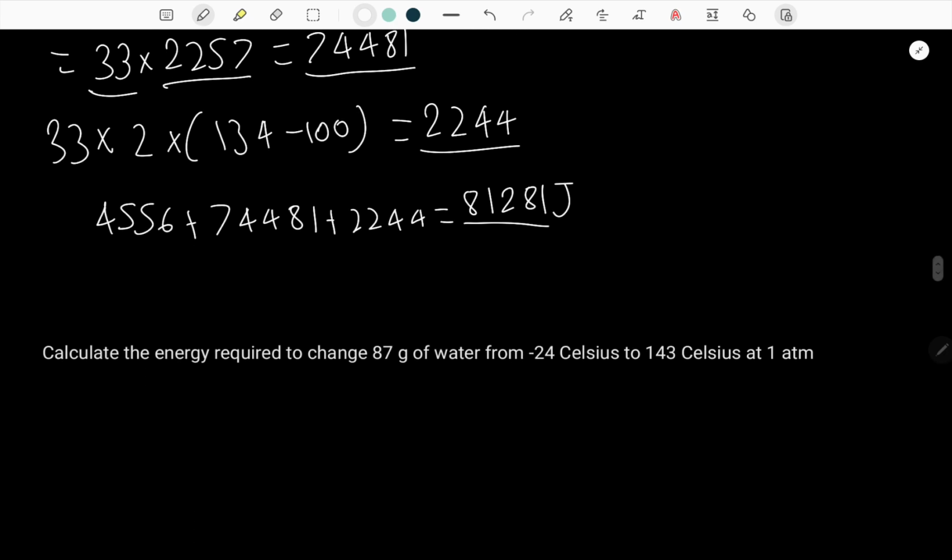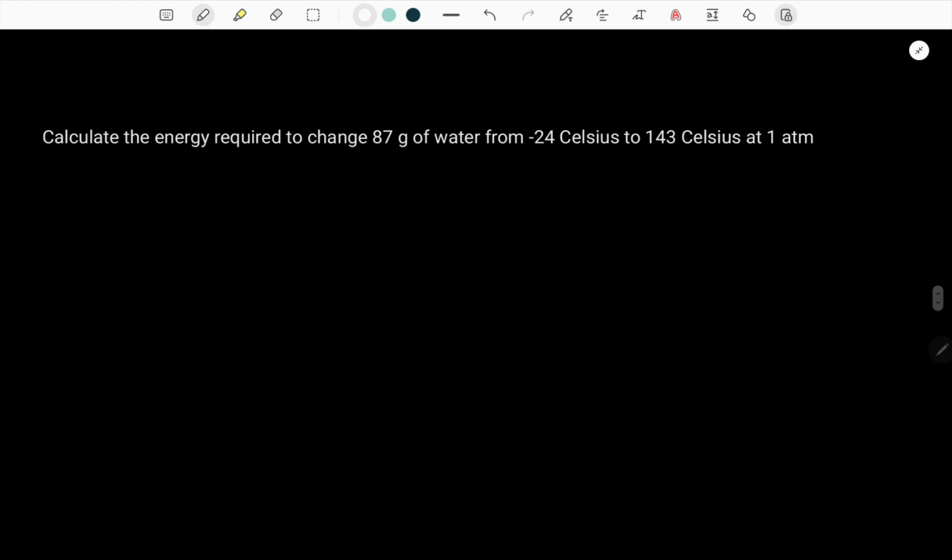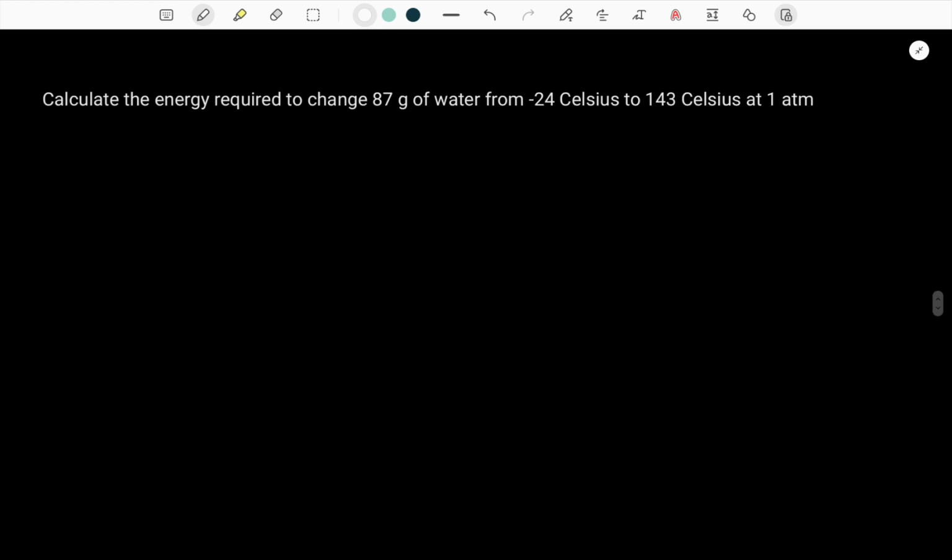Now let's see another example, and this one you could try doing yourself and getting the answer. Let's start. First of all, we have to use mc delta T. So it will be 87 times c for solid, because at negative 24 it is going to be ice, which is solid.